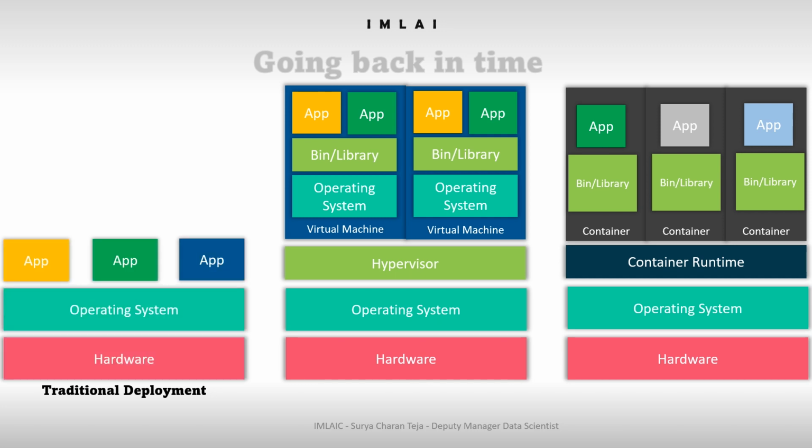A solution for this would be to run each application on a different physical server, but this did not scale as resources were underutilized, and it was expensive for organizations to maintain too many physical servers.